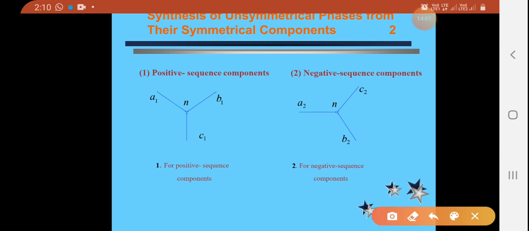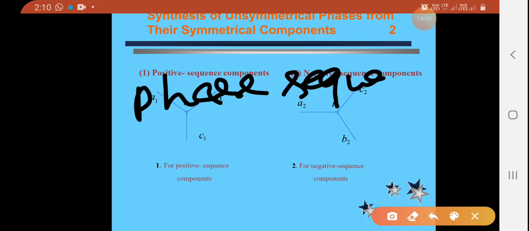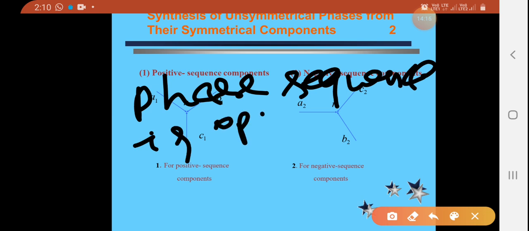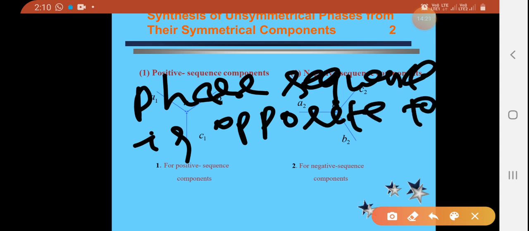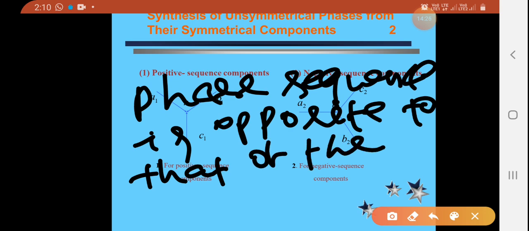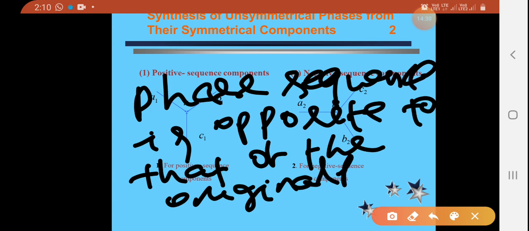Here, when I am talking about the negative sequence component, the phase sequence is opposite to that of the original phasors.